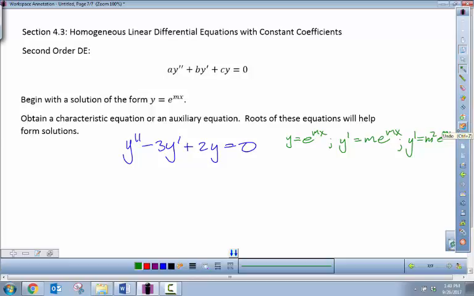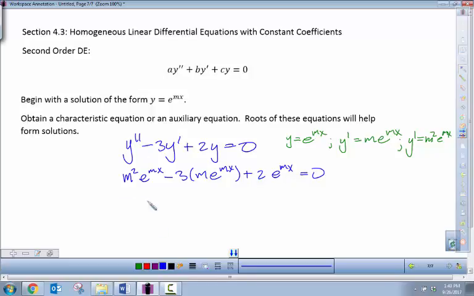And each time you take the derivative, you increase by a factor of m. And so our second derivative will have m squared e to the mx, minus 3 times our first derivative, m e to the mx, and we have 2y, which is just e to the mx.